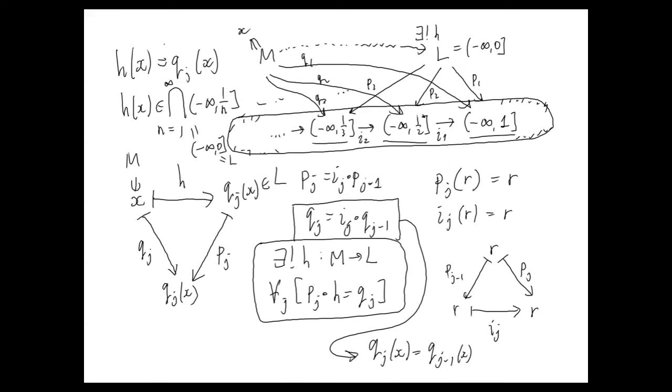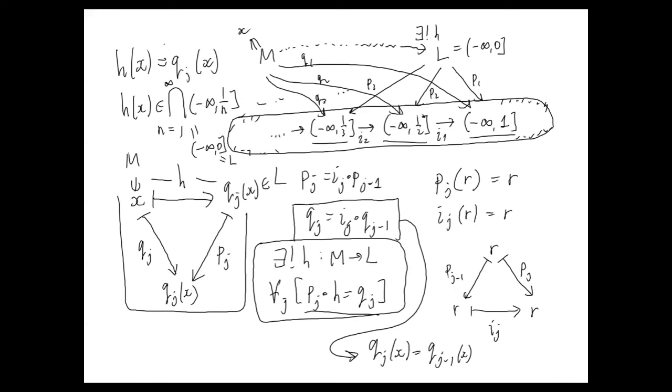So now, knowing that it was forced to be defined the way we wrote it down, knowing that if we define it like that, then all the necessary triangles commute. It's these triangles. So we define it in such a way that this condition gets fulfilled: Pj composed with H being Qj.